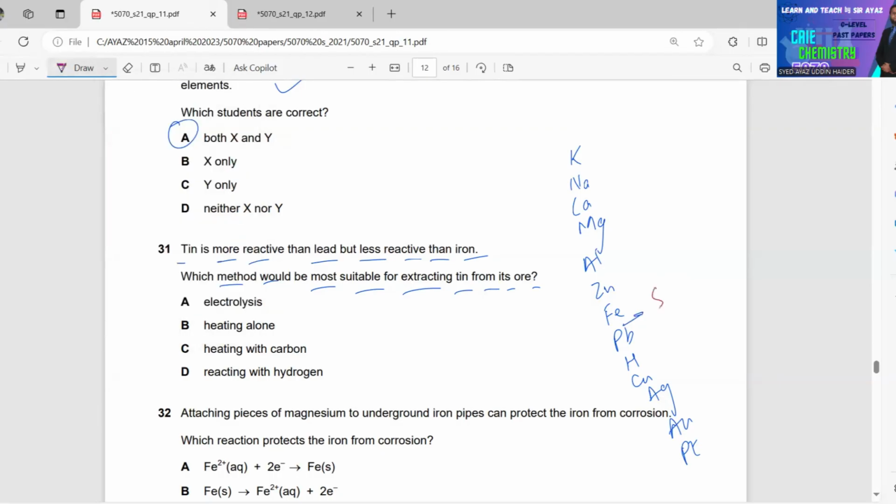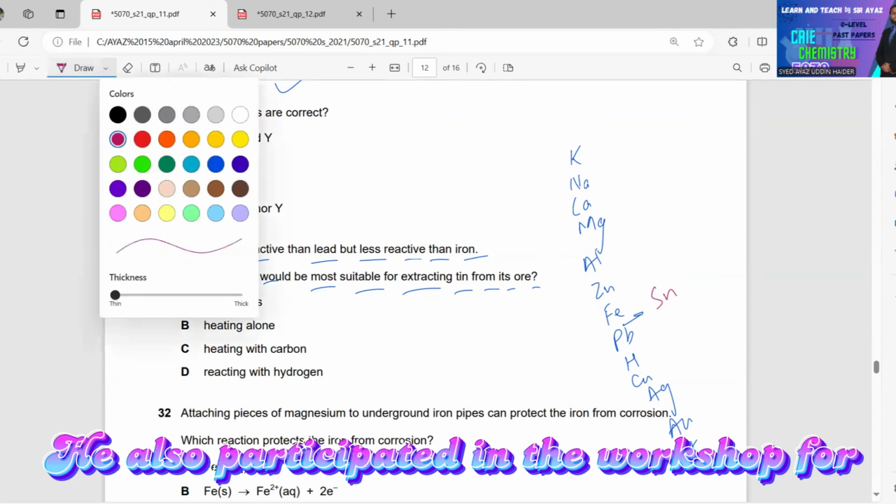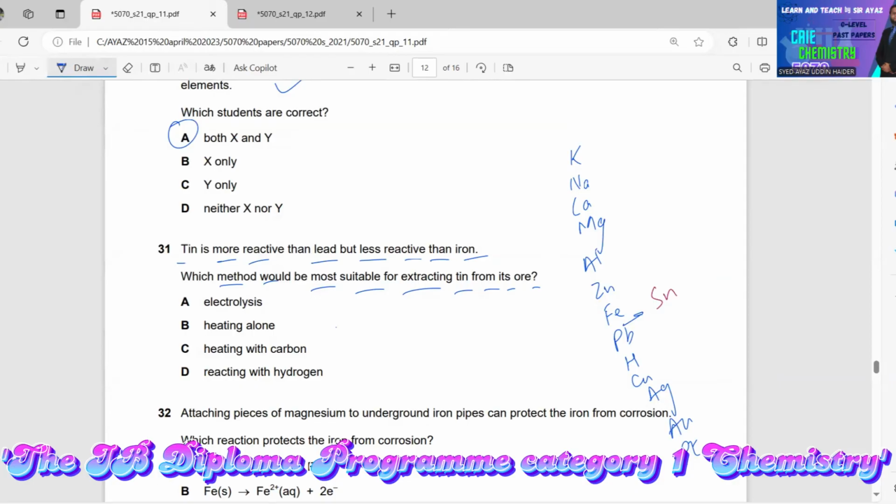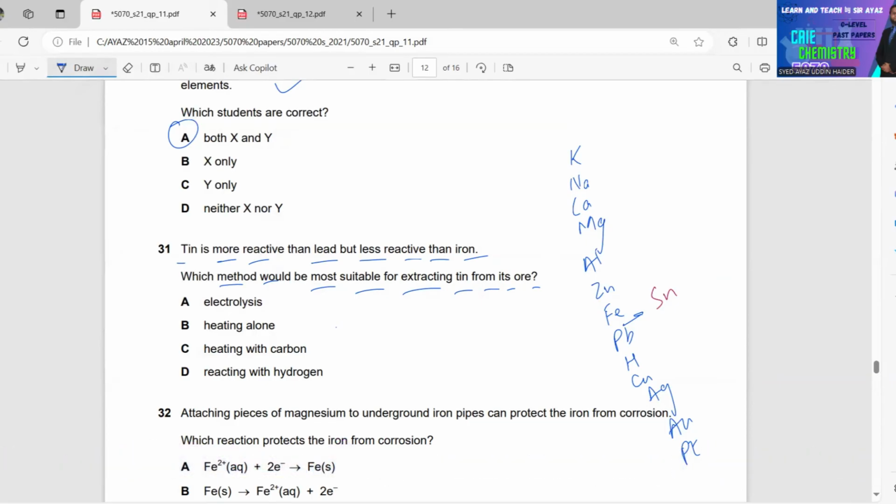Symbol for tin is Sn. Okay. Now they are asking about the method suitable for extracting tin from its ore. The electrolytic method is used for highly reactive metals.